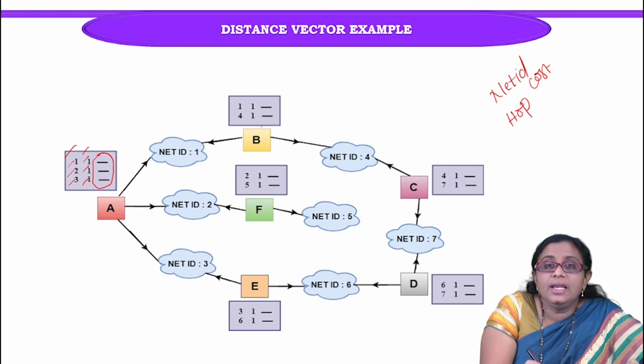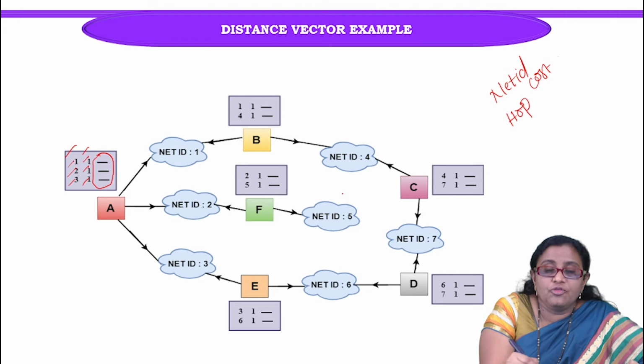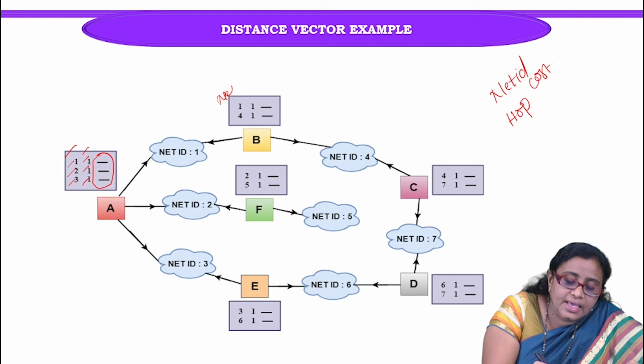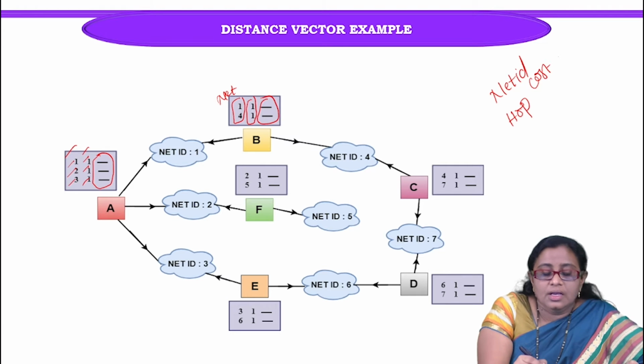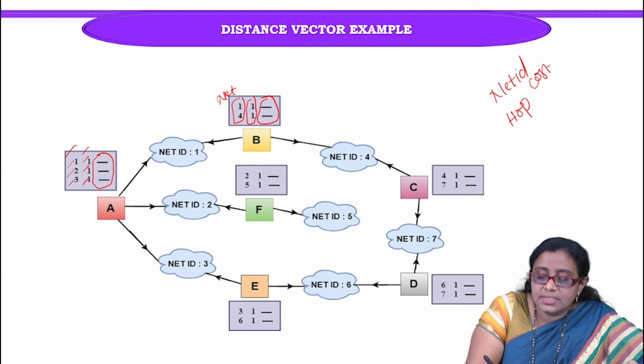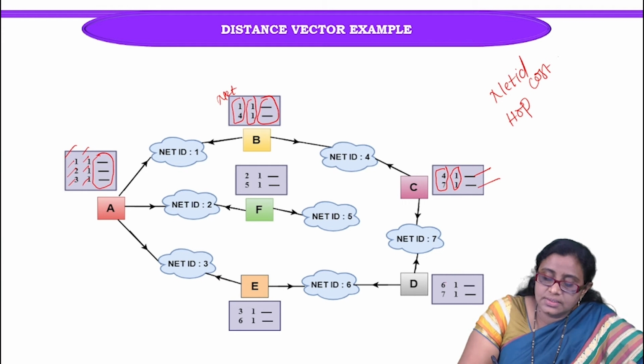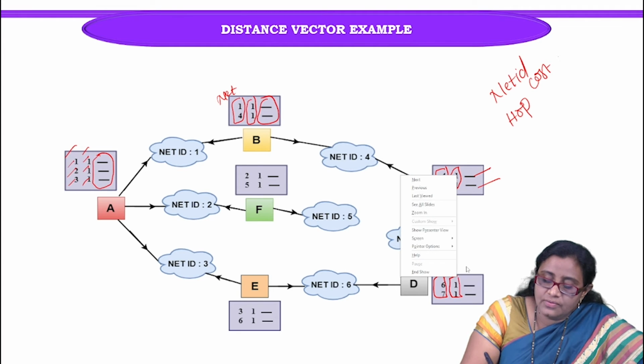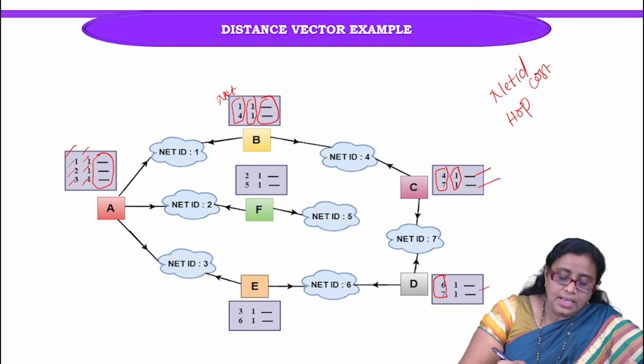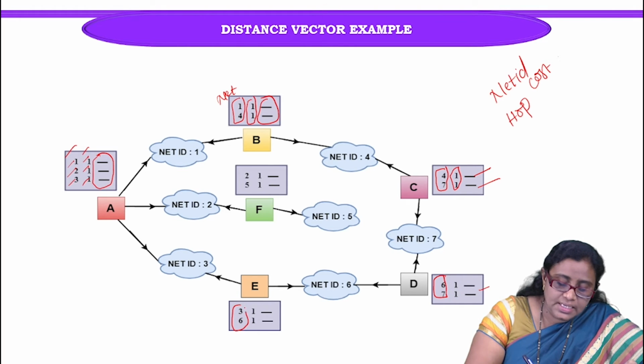For B, under the subnet of one internetwork, the net ID is 1 and 4, the cost is 1, 1, and the hop we need to calculate. For C, the net ID is 4, 7, the cost is 1, 1, and the hop we need to calculate. For the sixth, the net ID is 6, 7, the cost is 1 and 1, and the hop we need to calculate. For E also, the net ID is 3, 6, the cost is 1, 1, and the hop we need to calculate.